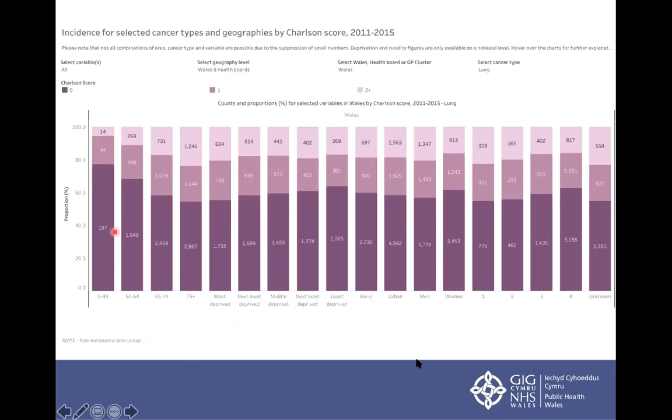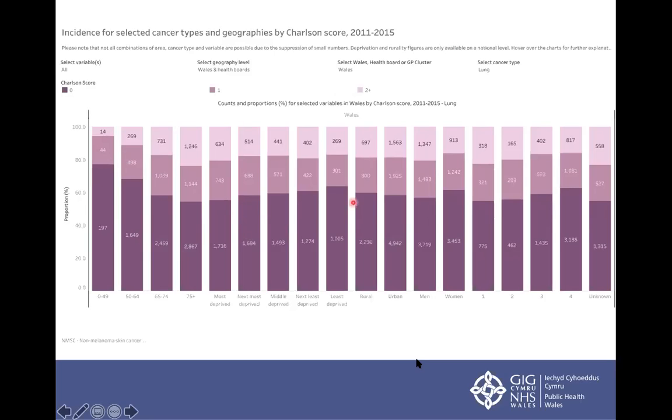And what this shows is the proportion and the number of cases in each that had a Charlson score of 0, none of the comorbidities that fit into the definitions of the Charlson score. This colour is at least one of them, and then this is 2 or more.